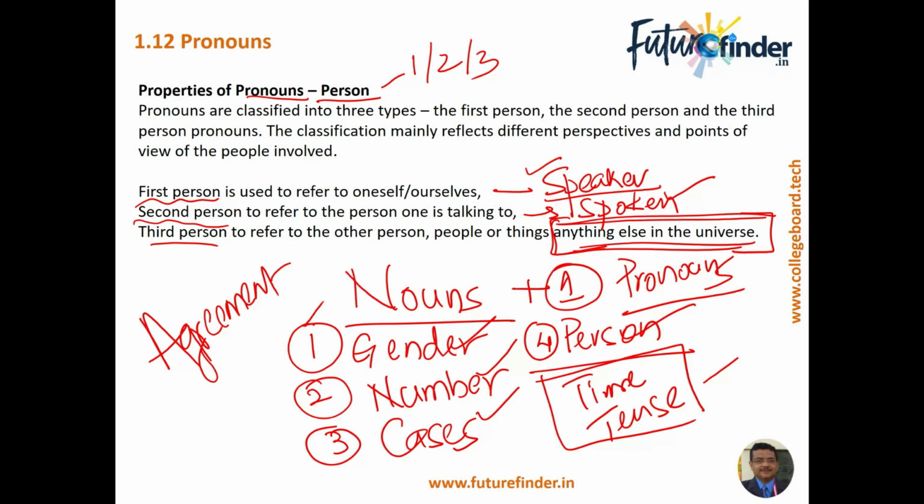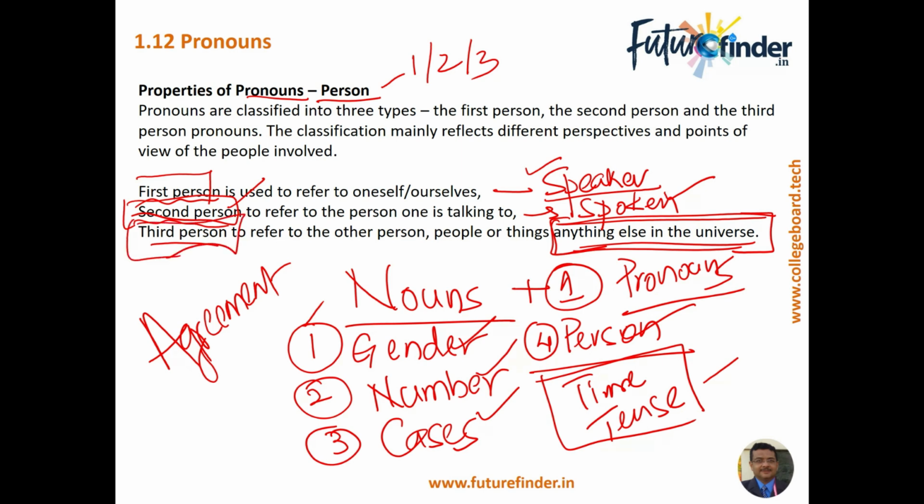So obviously, when I refer to myself, I would be referring to it as I, me, myself. These are all pronouns of the first person. The pronouns of the second person are thou, obviously Old English, we will not use it that way, and you, yourself. Pronouns of the third person are he, she, it, they, and any other pronoun.